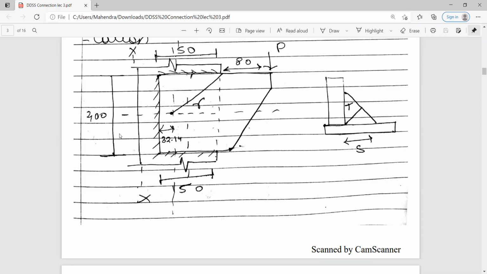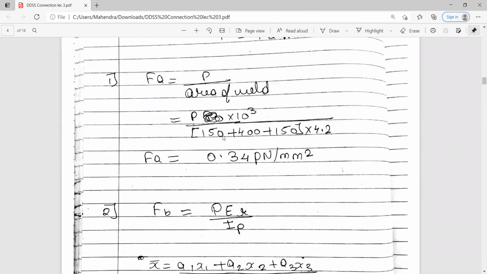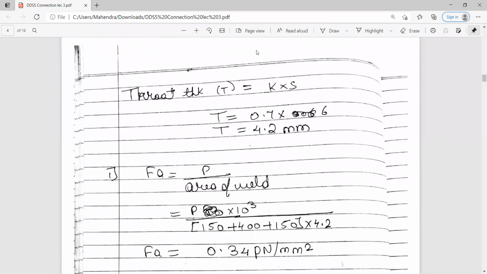So 150 plus 400 plus 150 into throat thickness, that will be the total area of the weld. After calculating this, you get the value 0.34 P Newton per mm².